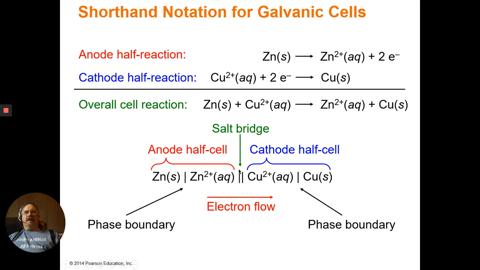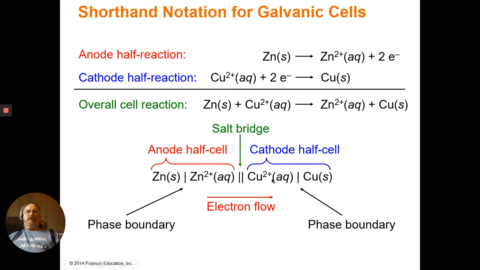This is shorthand notation for a galvanic cell. We start on the left side with the anode, and then we use a vertical line to indicate a phase boundary. Here we have zinc ions in solution, and a double vertical line indicates the salt bridge.